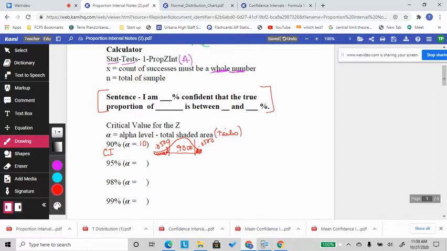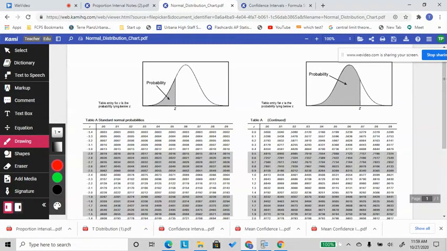Okay, so now what we need to do is find these two values of Z, and then that's the number that goes into the formula for Z. So I'm going to look at either 500 on my normal distribution chart or 9,000. So let me go to my normal distribution chart. What I have right now is 9,000 right here, and this is 500.